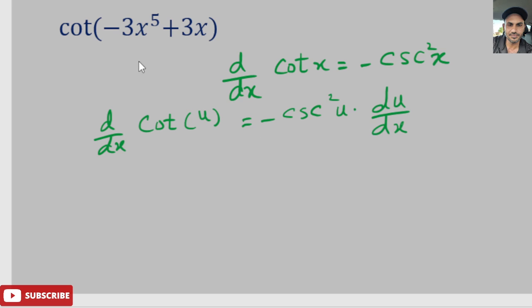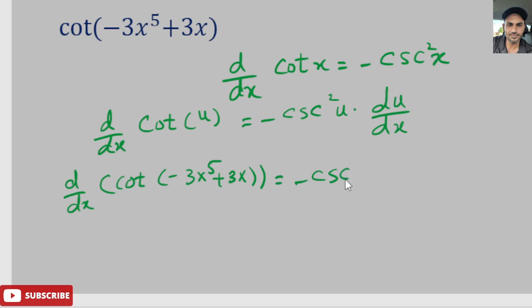Alright, so now we can go ahead and plug this in to our chain rule formula. So we get d over dx of cotangent of negative 3x to the 5 plus 3x equals negative cosecant square of negative 3x to the 5 plus 3x times the derivative of negative 3x to the 5 plus 3x.